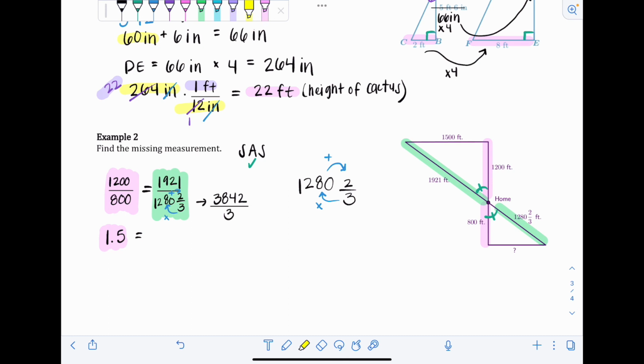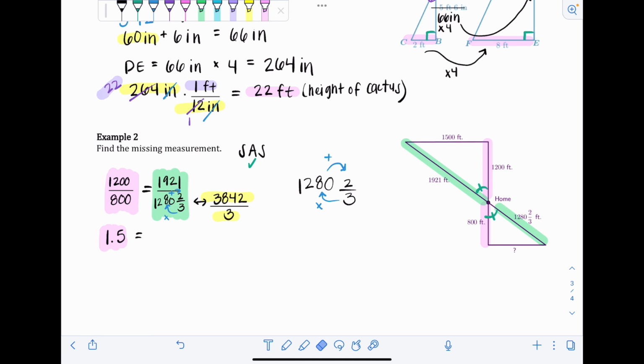So 3 times 1,280 was 3,840. And then you add the 2, and that gives you 3,842. And then it stays over the same denominator. Okay, so these are the same thing. Just one is a mixed number, one is an improper fraction. The improper fraction is just a lot easier to deal with when you get older in math.